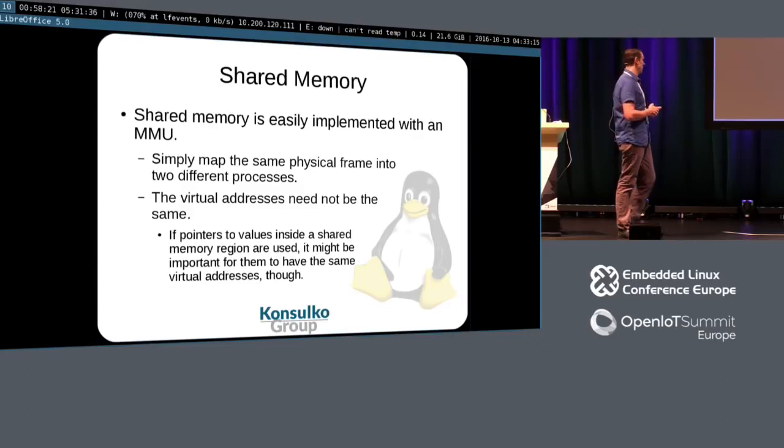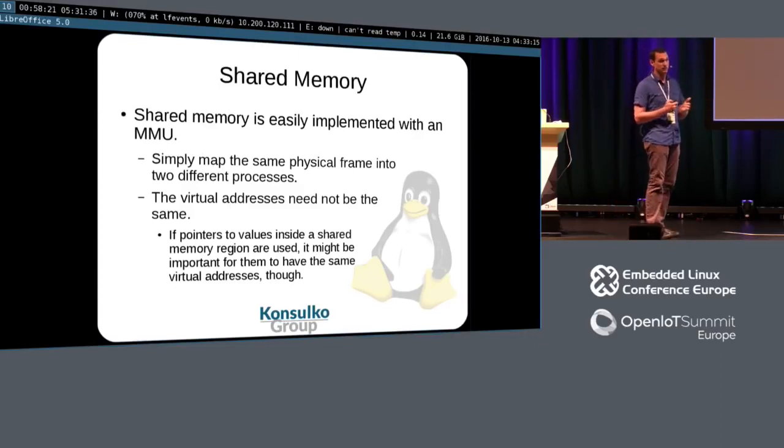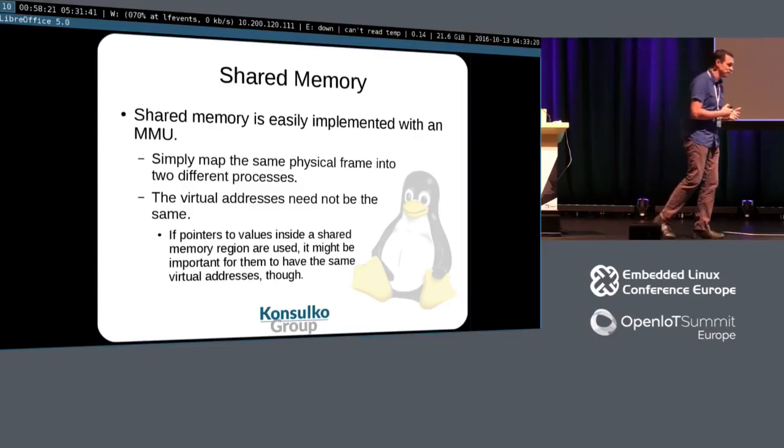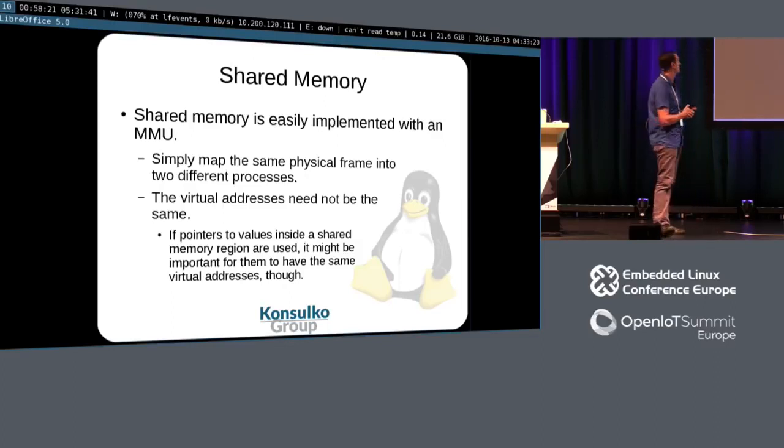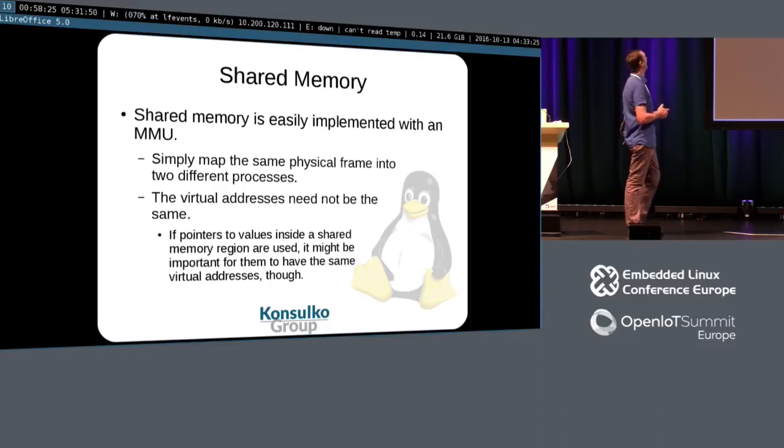Now we get into shared memory. For IPC purposes, shared memory is a common concept, a POSIX concept, a normal concept in most OSs. Using the MMU, we saw how we can have the same virtual address with different page frames.